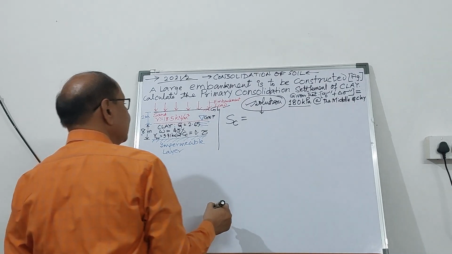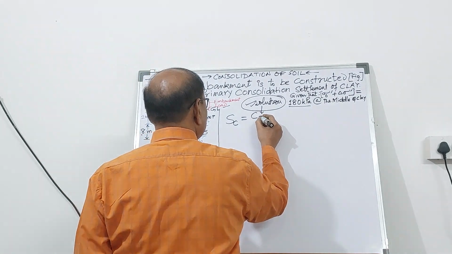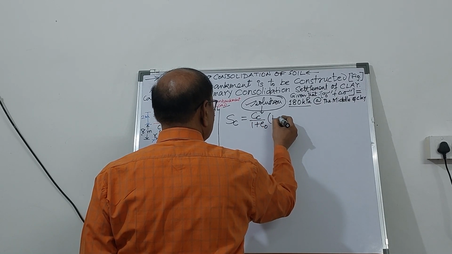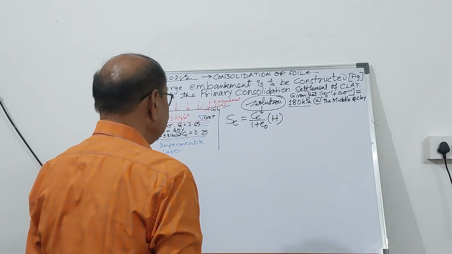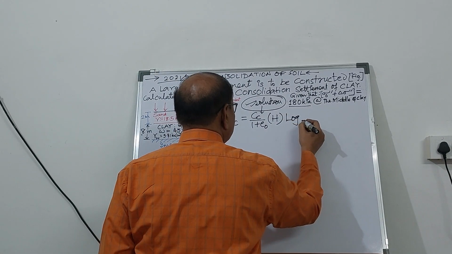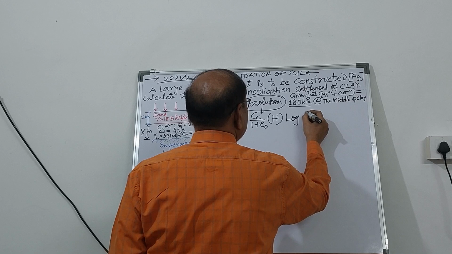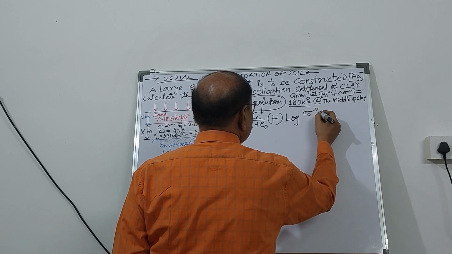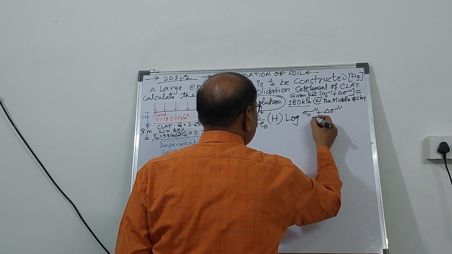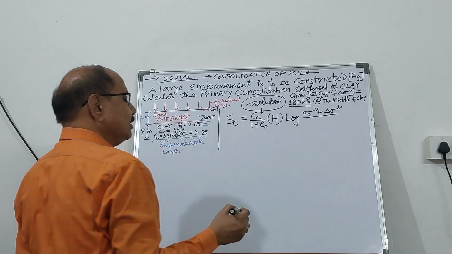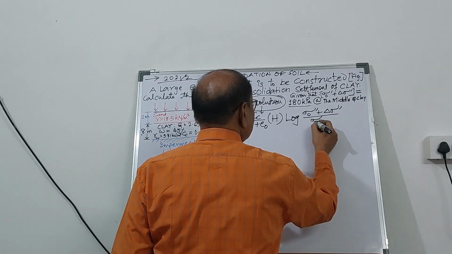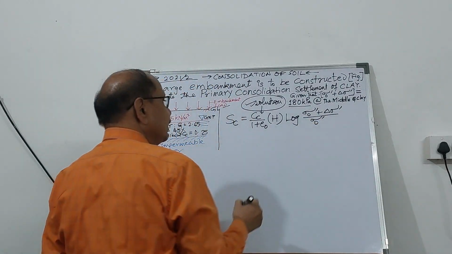Primary consolidation settlement is given by Cc divided by 1 plus e naught, into the thickness of the clay stratum H, into log of sigma naught prime, that is the effective overburden pressure, plus the increase in pressure due to loading at the middle of the clay layer, divided by sigma naught prime at the middle of the clay layer.